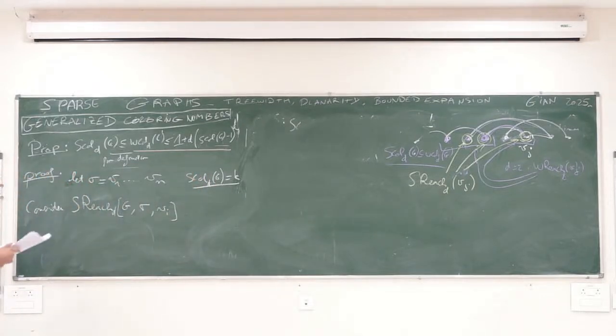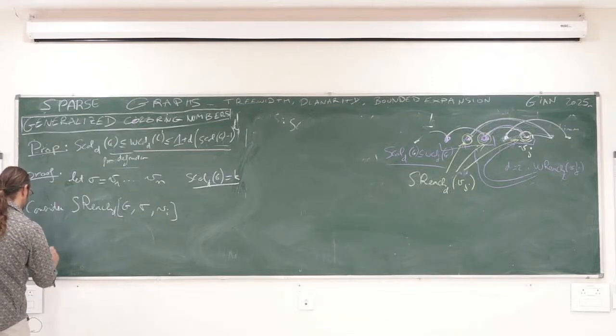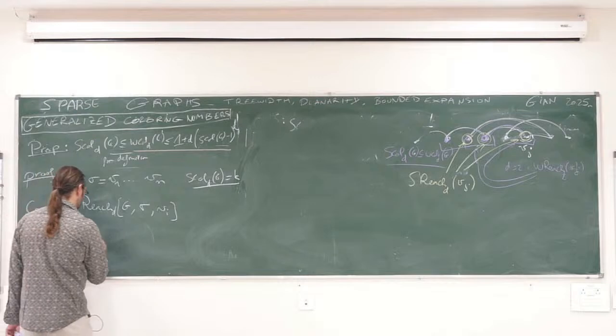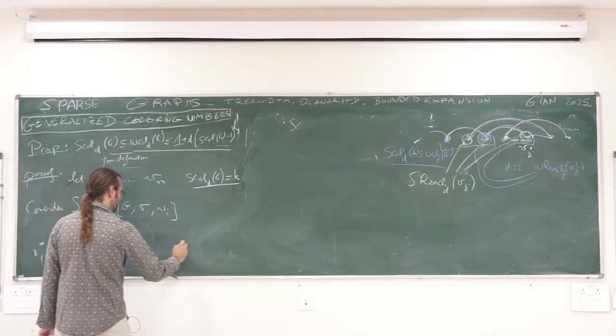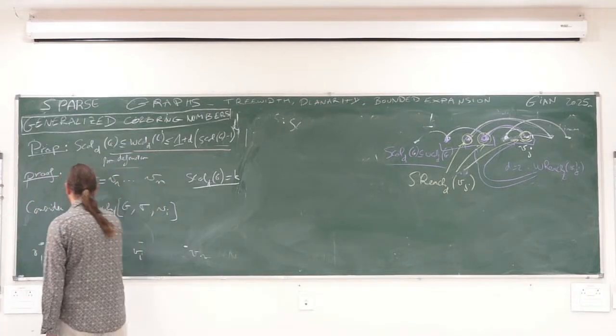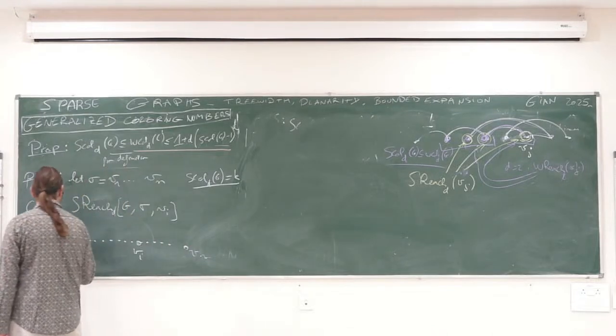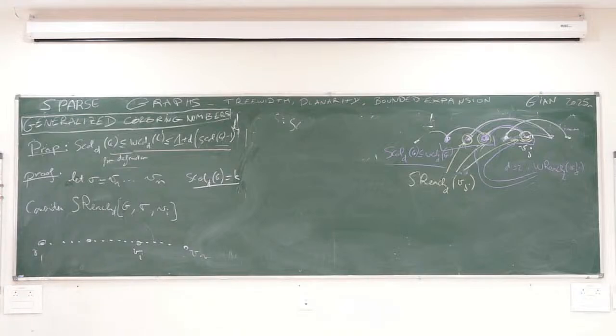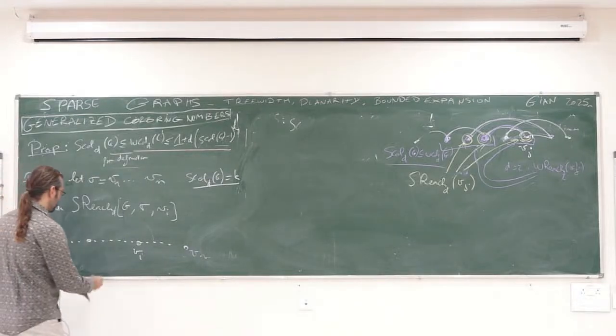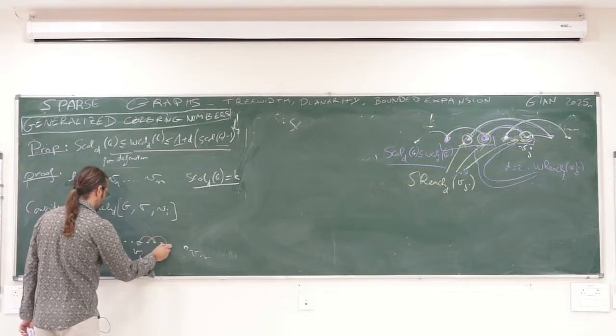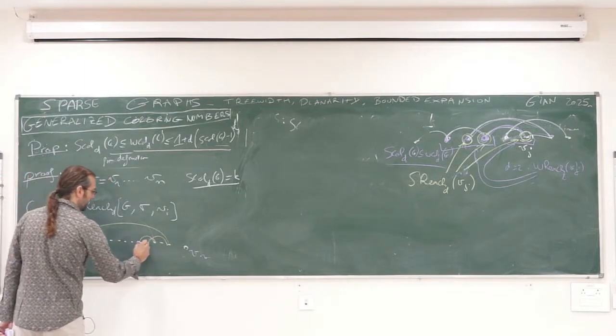So I take the reachability set of some vi. Remember the picture? I have my vi. What does it mean? It means that I can use paths which go like this, and then they go here.